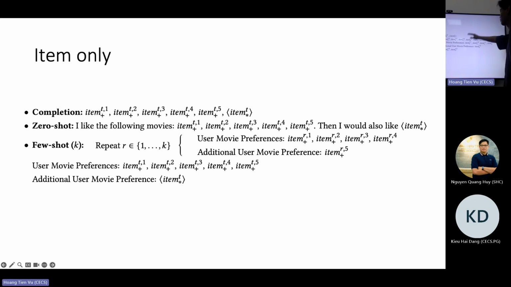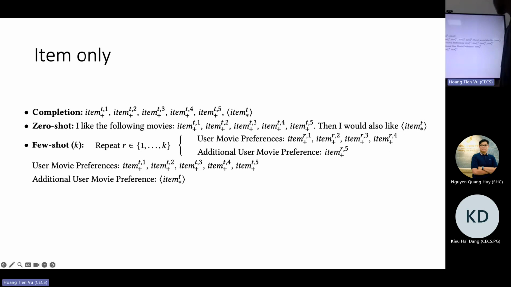If we have four preferences, and we have a new preference, it's a description about how the user likes item five. We will predict some preference for an arbitrary item in the pool of 40 movies.